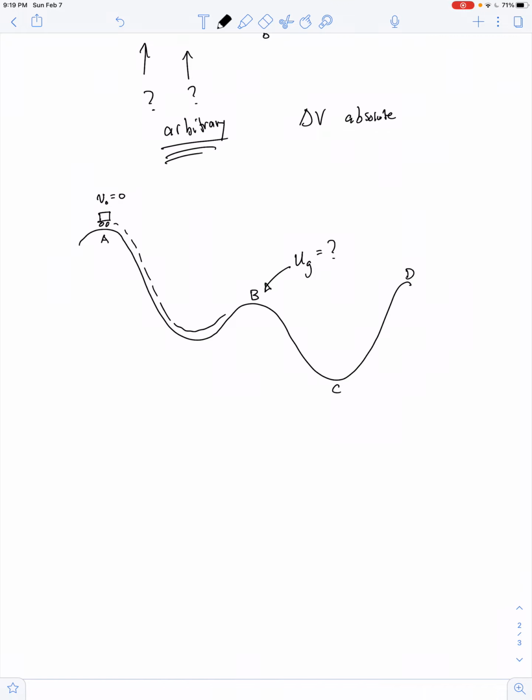Well, that's kind of arbitrary, right? Maybe it's equal to 0.